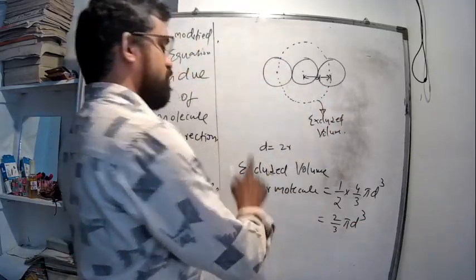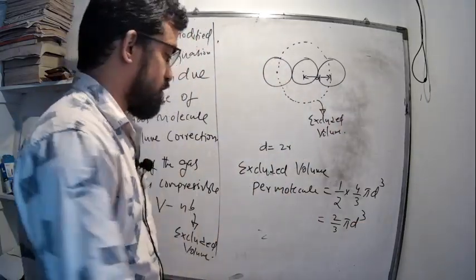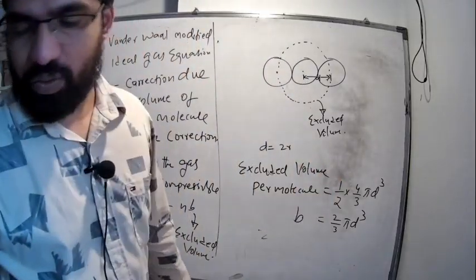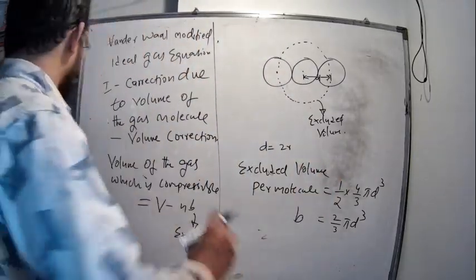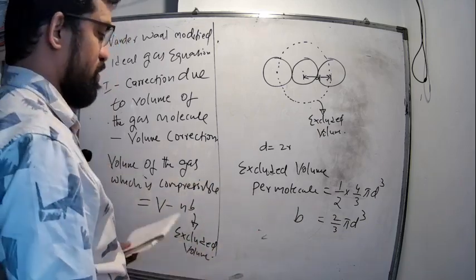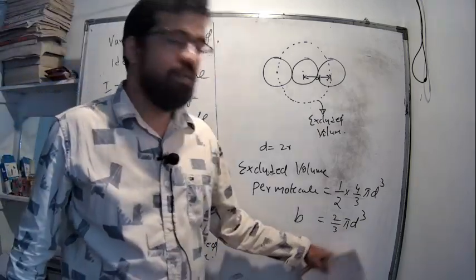This is actually b. The excluded volume per molecule, b, is equal to 2/3 pi d cube.